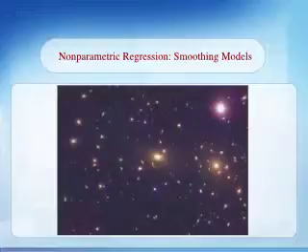Running line smoother. Instead of taking an average and giving a constant fit at the point, we can take into account one more term in the Taylor expansion and calculate a linear fit. In the running line smoother, we can use the data points in the neighborhood as defined by h or k and fit a local regression line.